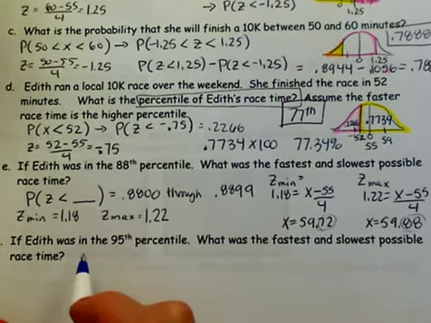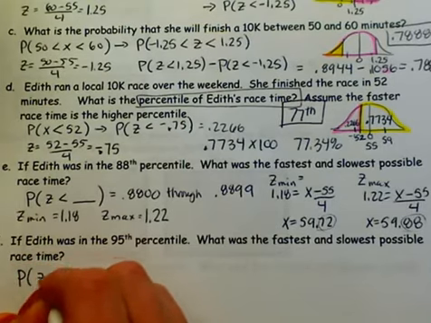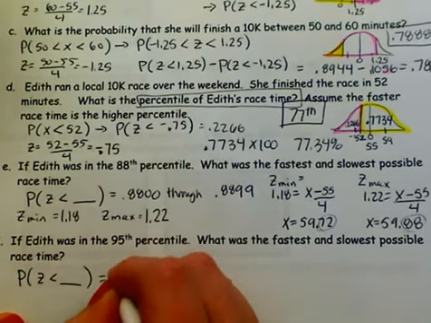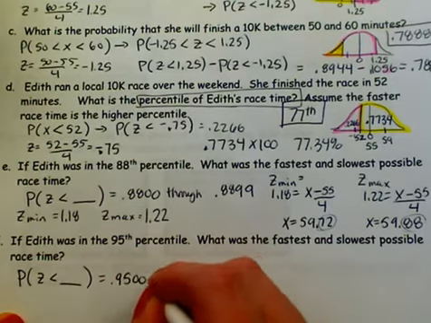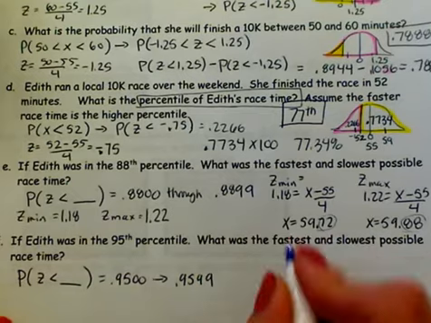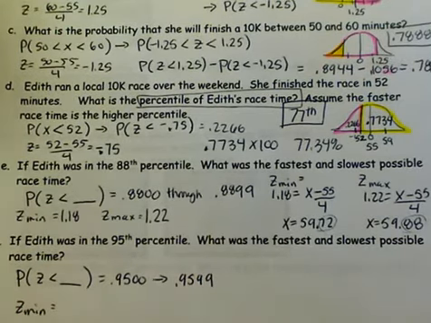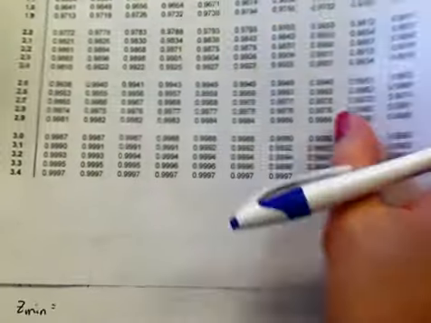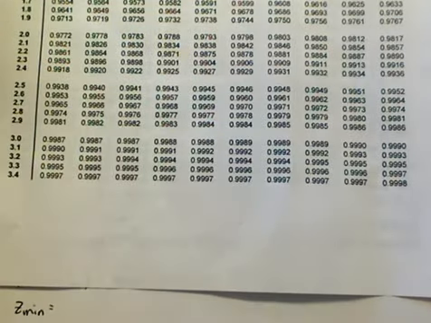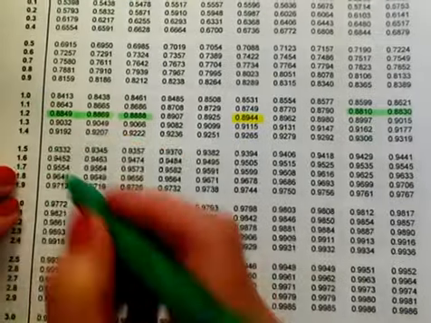Okay, if Edith was in the 95th percentile, 0.9500 through 0.9599. Okay, Z min, 95th. Oh, there's a 95.